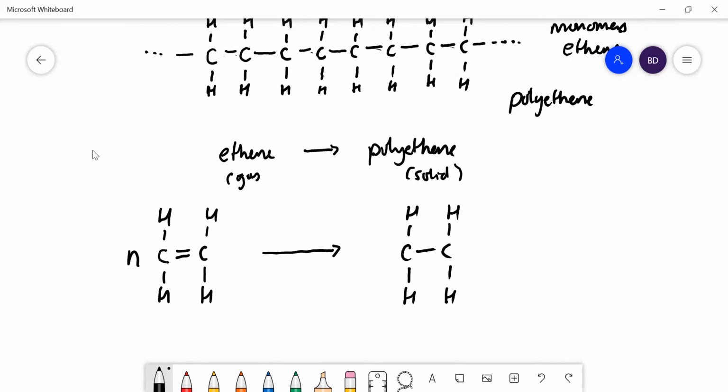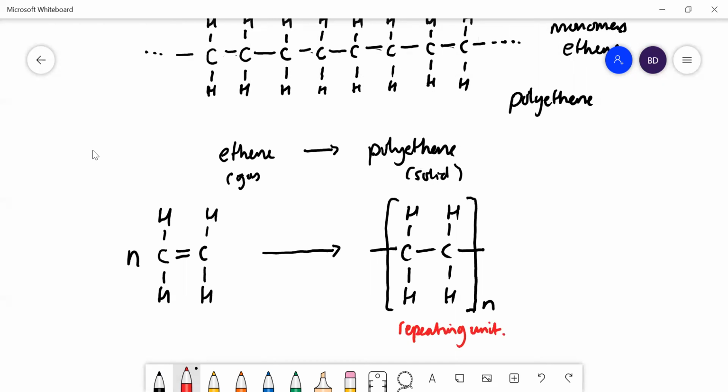So I draw that there, and then we put a bracket around that bit, and that bit within the square brackets is going to be repeated n times. As I say, this bit is called the repeating unit. And it's 2 carbons with hydrogens attached to them, and that will form very long molecules.